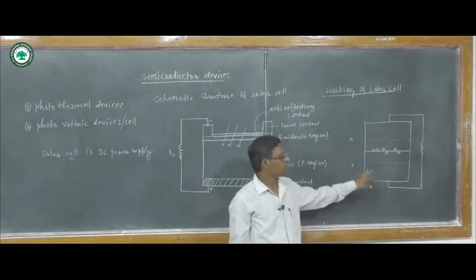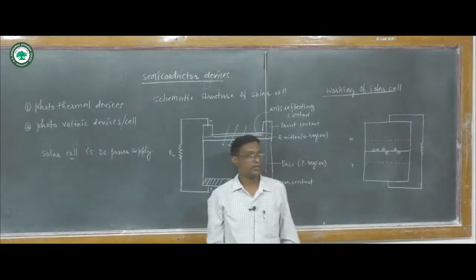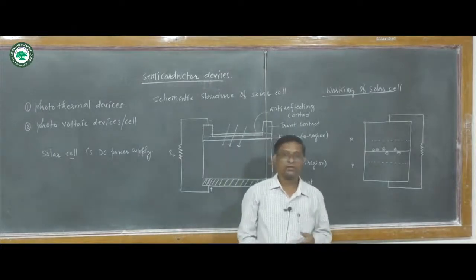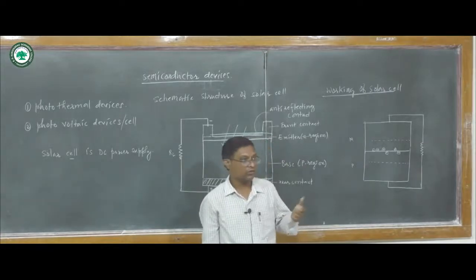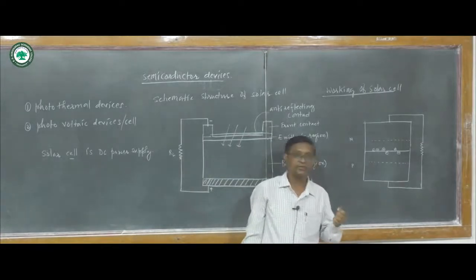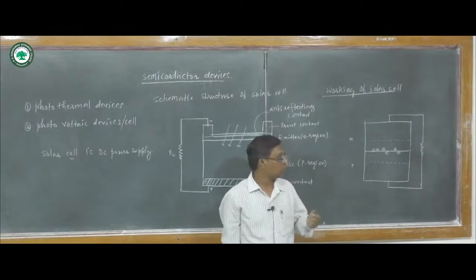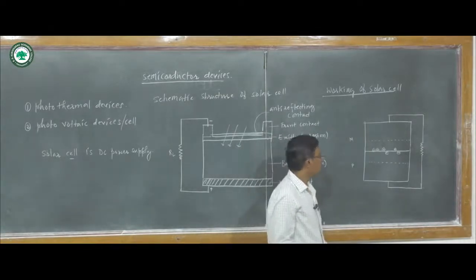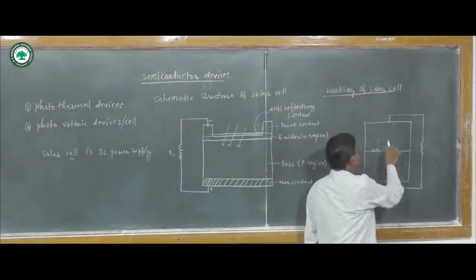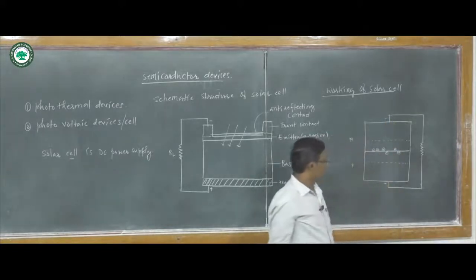When the sunlight reaches the depletion layer, the neutral atom forms the separate photo-generated electron and photo-generated holes, which are swept out to the respective region.